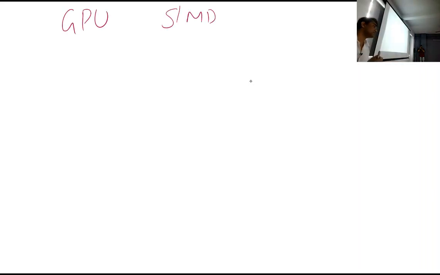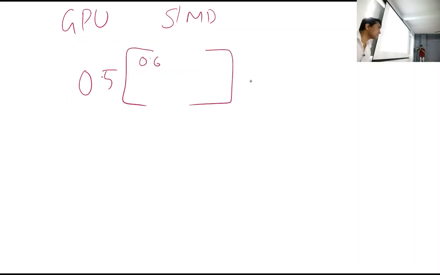Now you need to know one thing about GPUs. GPUs have something called SIMD built in, which is single instruction, multiple data stream. What does it mean? Single instruction. Let's say you have to multiply something by 0.5. You take the RAM of the GPU and add, let's say, 0.6 inside. Let us say that this process is going to take 10 nanoseconds.